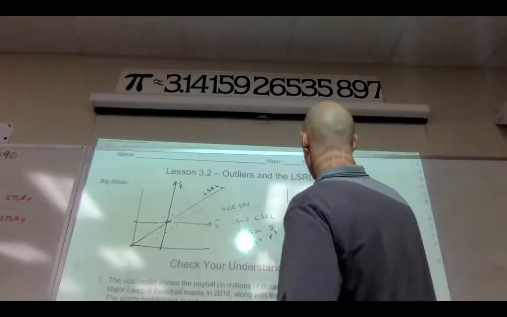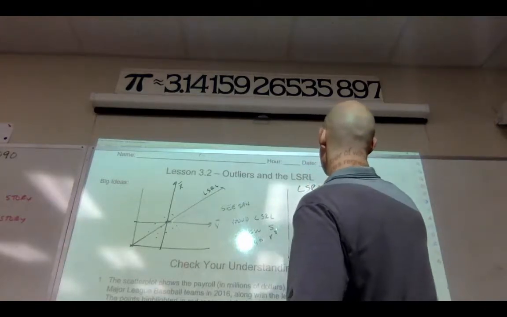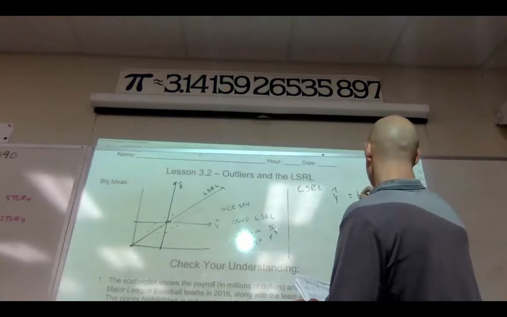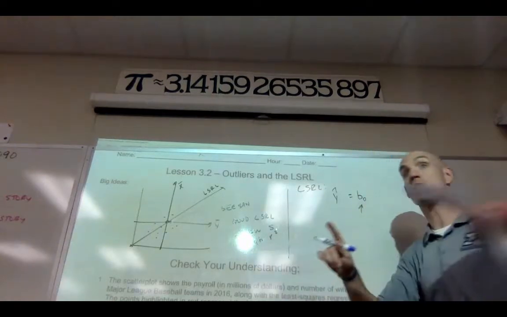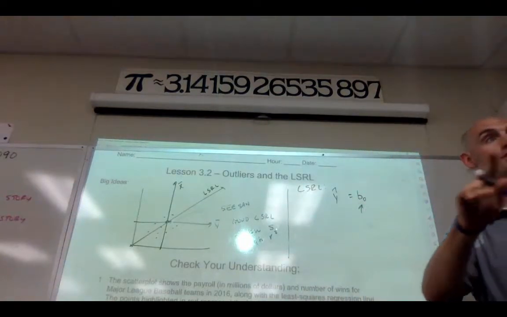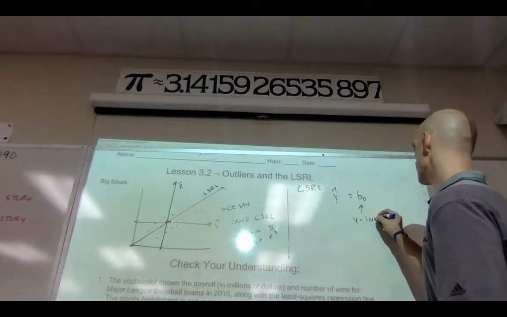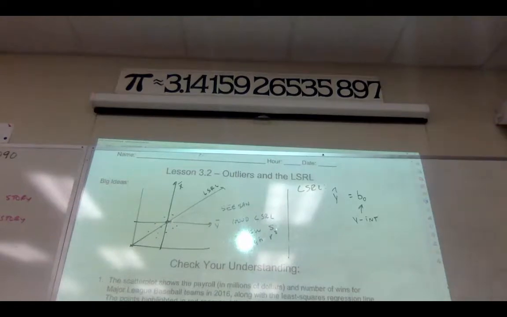All right, so here are some general things. Least square regression line. Y hat, we know, is equal to B sub 0. This is another way to write this. This is what's going to show up on your formula sheet. B sub 0. But Mr. Sayers, I don't know what that is. Yeah, you do. It's a y-intercept. It's just another way to write it.